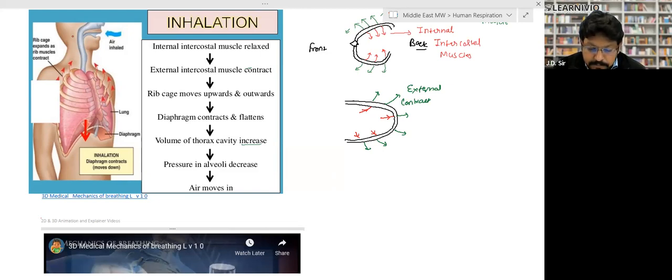Next, the diaphragm becomes flat and gets lowered.